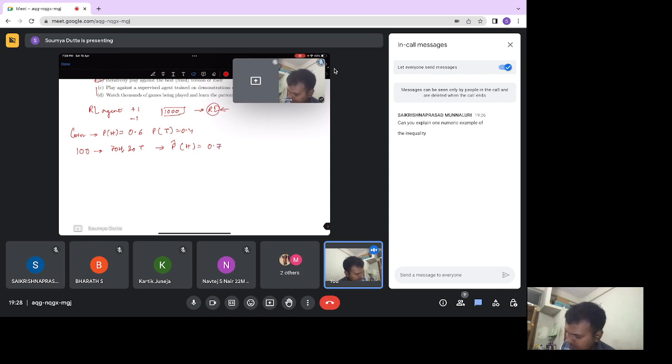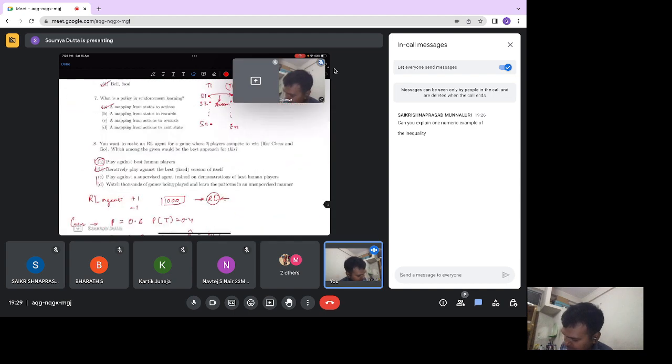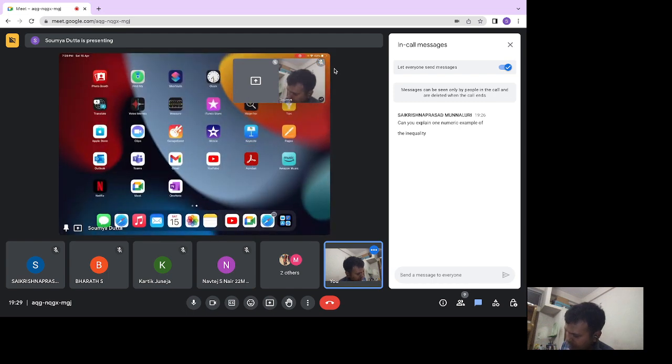Okay, so what this inequality says is that the probability, let me make this to be p, of p minus p hat greater than gamma, which is up to you, is less than or equal to 2 e to the power minus 2 gamma square m.